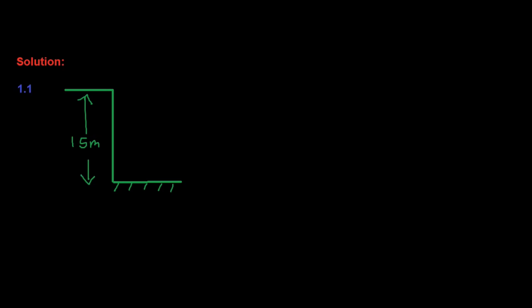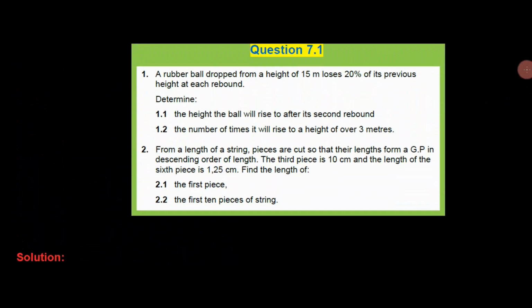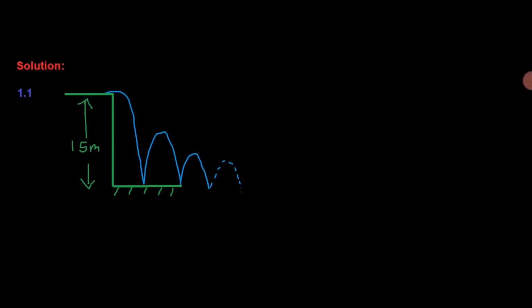And the ball is dropped from this height. And it rebounds, etc. Now, what's important to note here is that it says each time it rebounds, it loses 20% of its previous height. So it only bounces back 80% each time of the previous height.